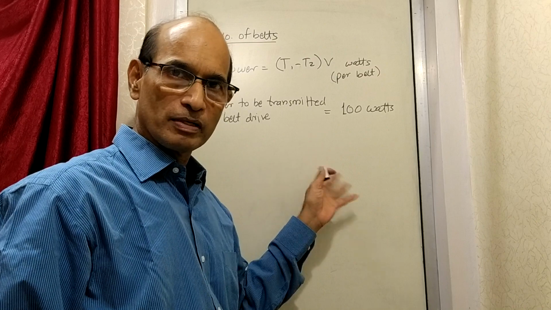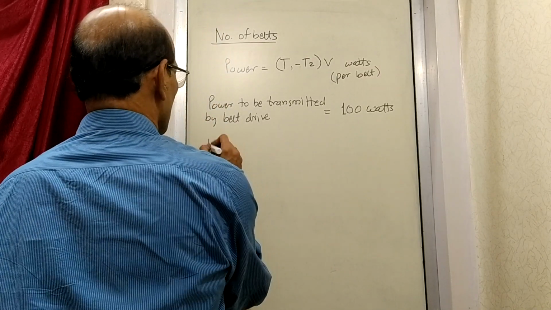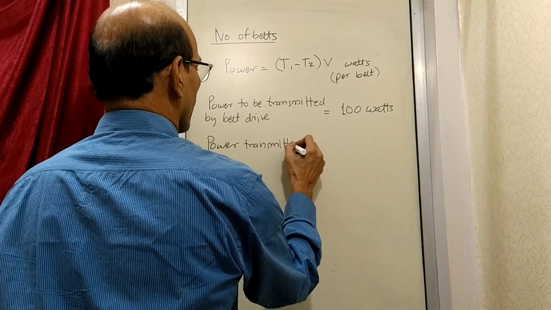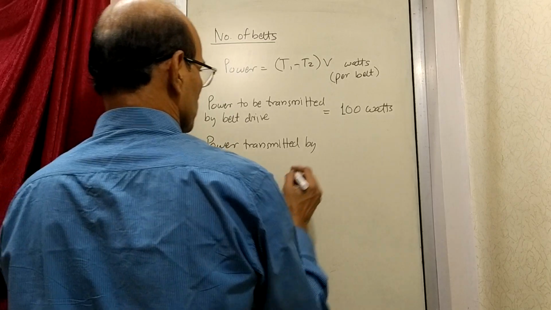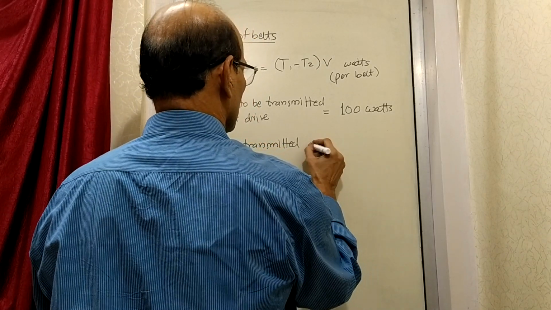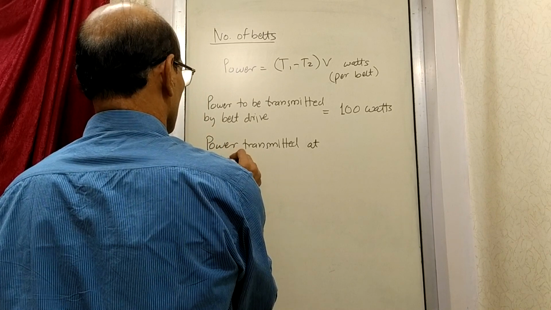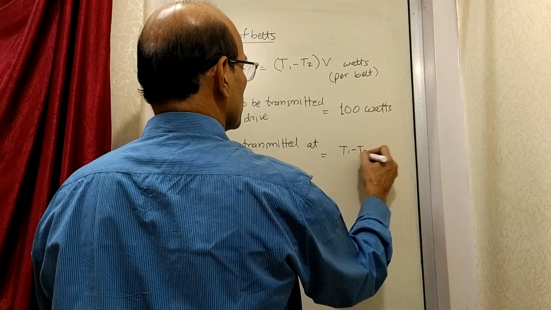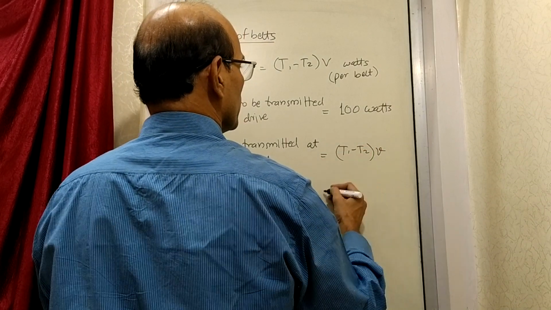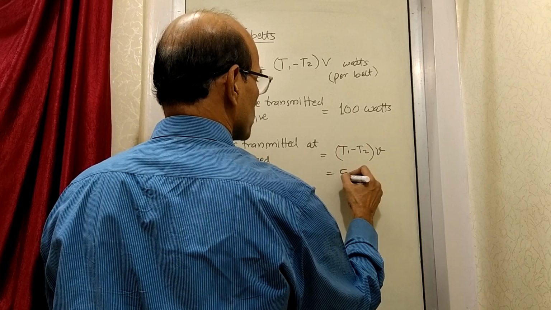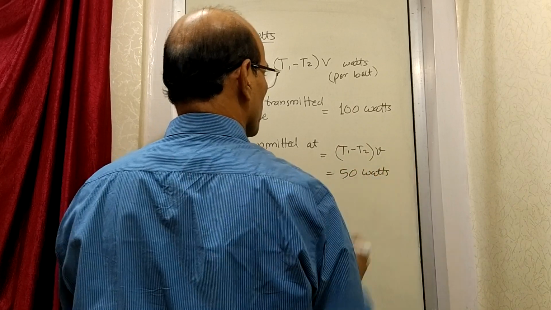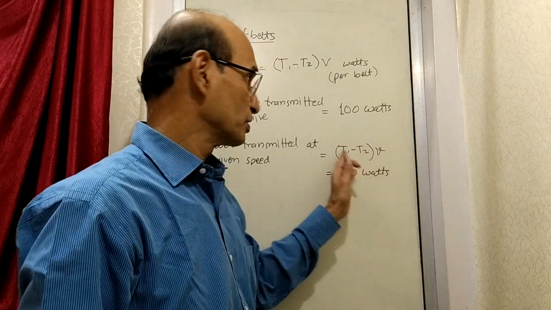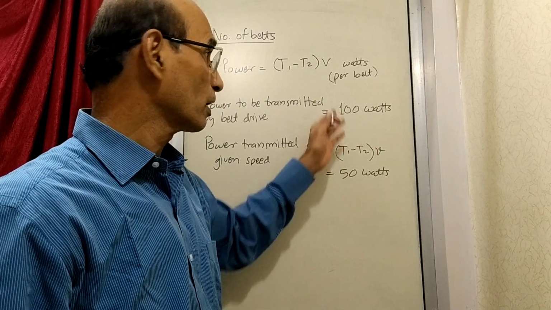Now in a given system, whatever is the arrangement there, if you measure and find out the power transmitted at given speed is equal to T1 minus T2 into V. Suppose this value when you calculate it comes out to be 50 watts. In a particular case the value is 50 watts which comes by finding out the velocity and the tensions. Whereas you want to transmit 100 watts, so obviously you will require 2 belts.